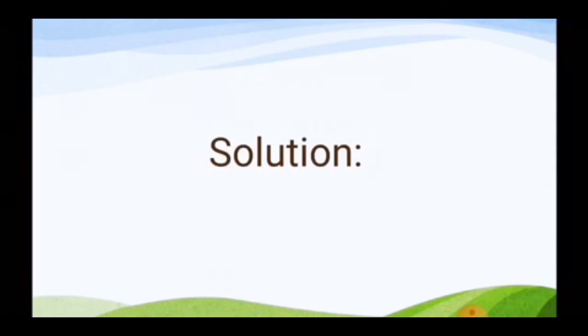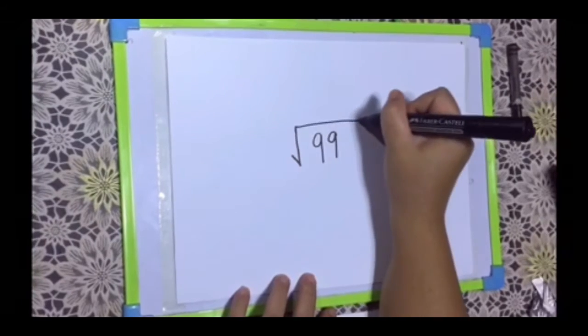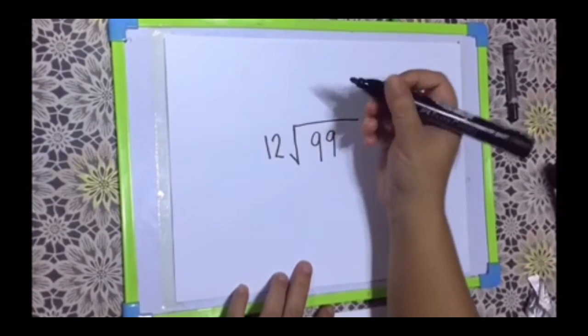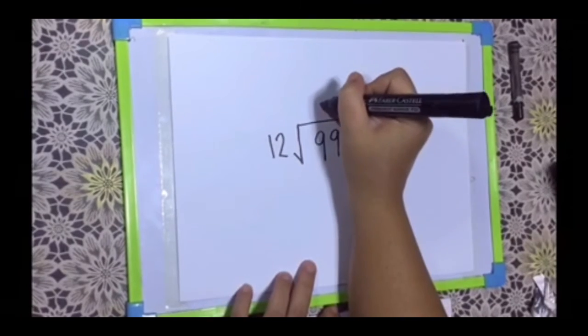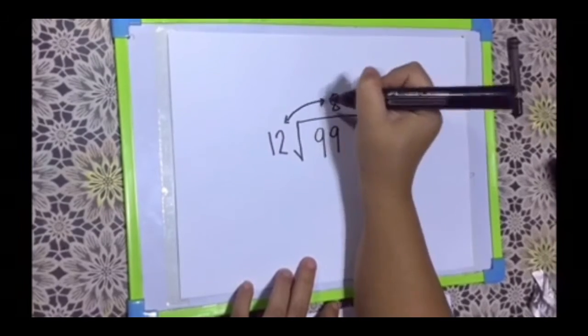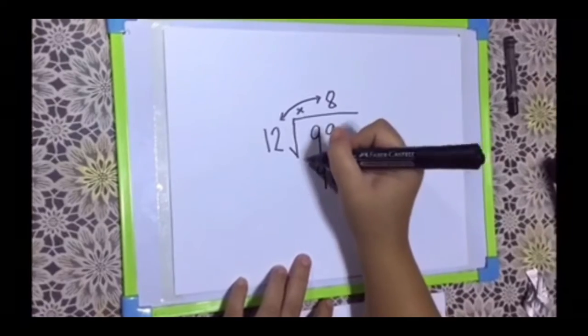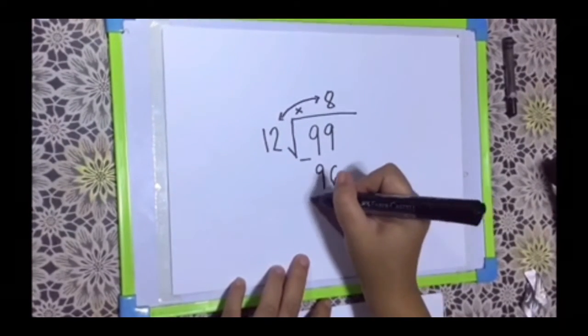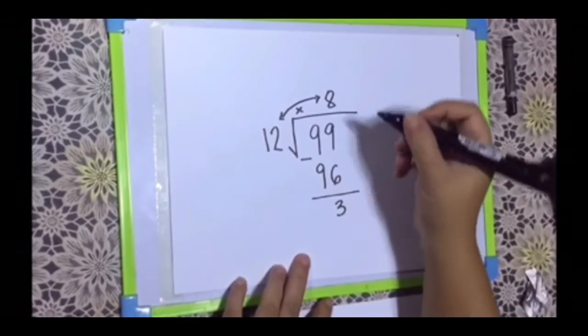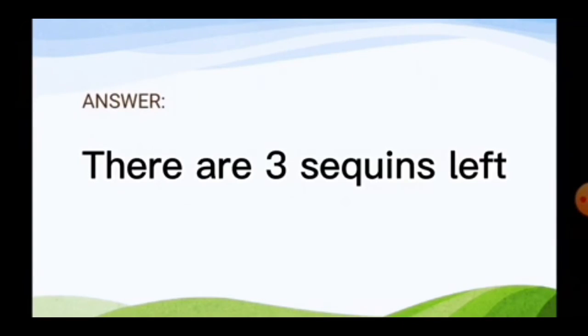Since we already know what are the given and what is being asked, we will proceed to the solution of the problem. 99 divided by 12 is equal to 8. 8 times 12 is equal to 96. 99 minus 96 is equal to 3, and it has a remainder of 3.